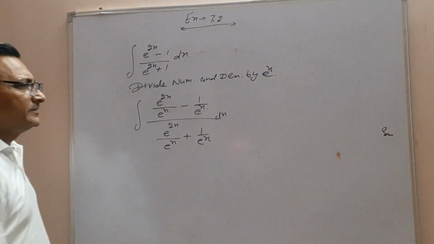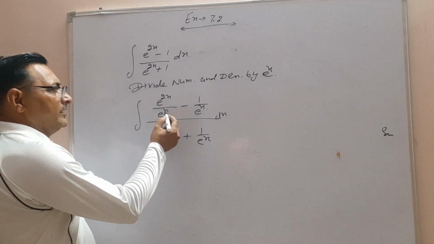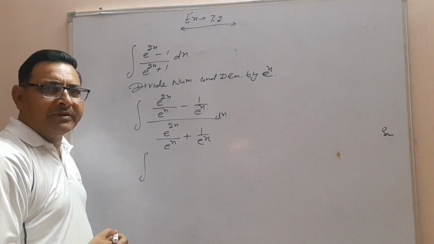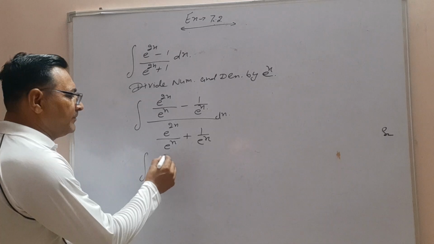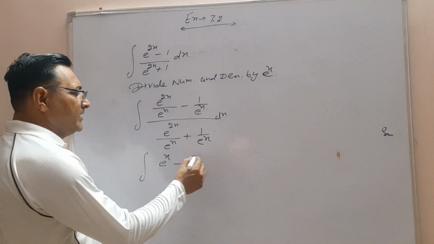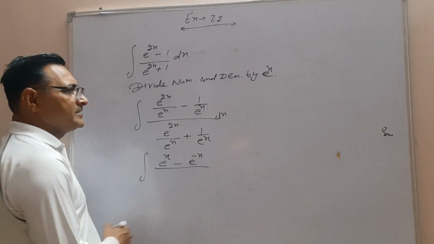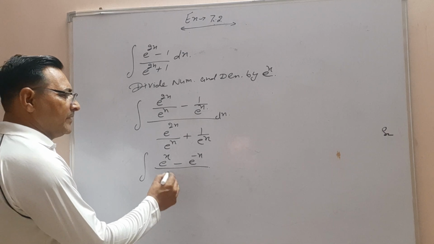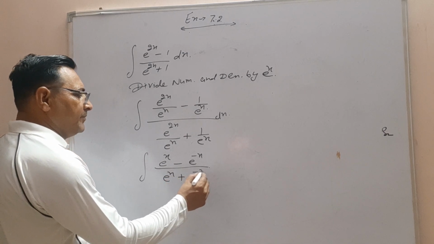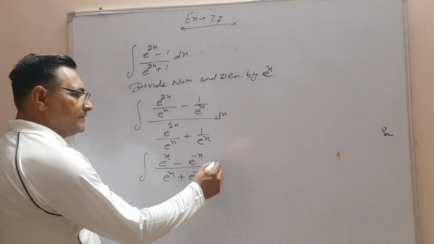What you will get? Its power will be subtracted from the numerator's power, so it will be e^x minus e^(-x) upon e^x plus e^(-x).